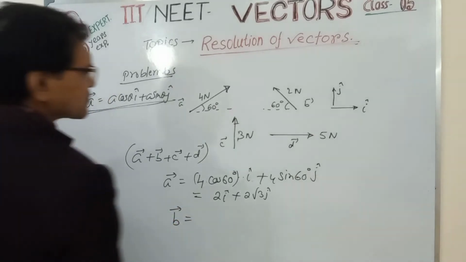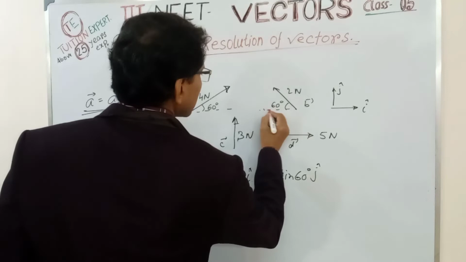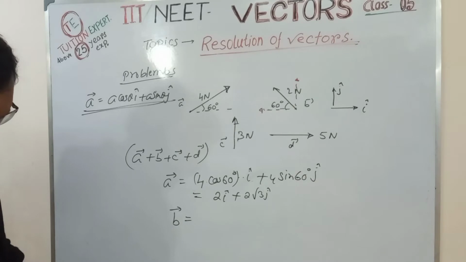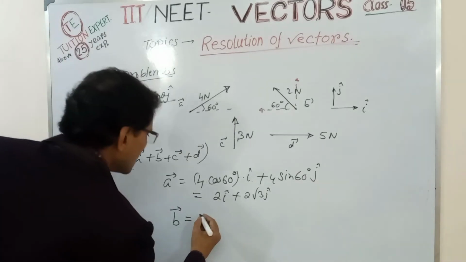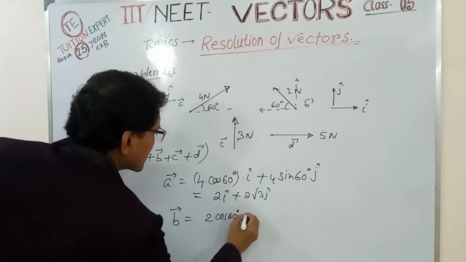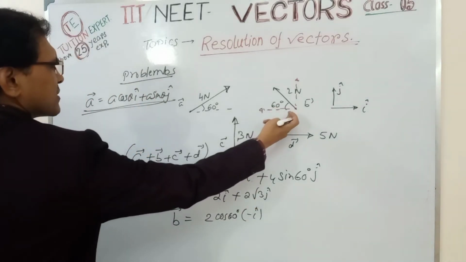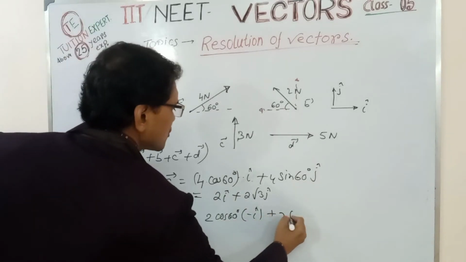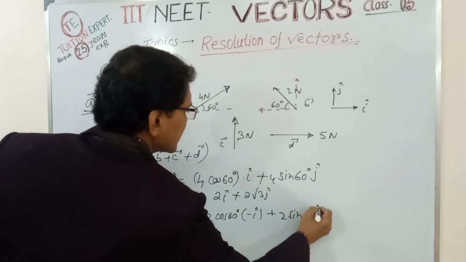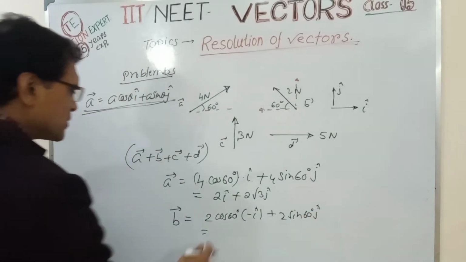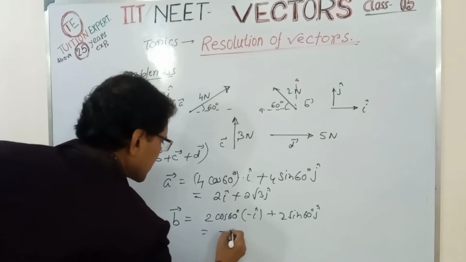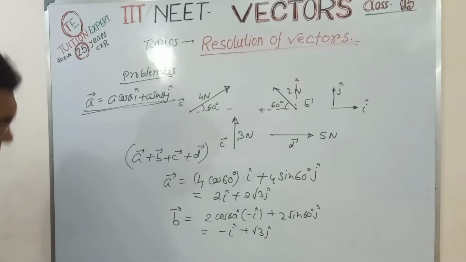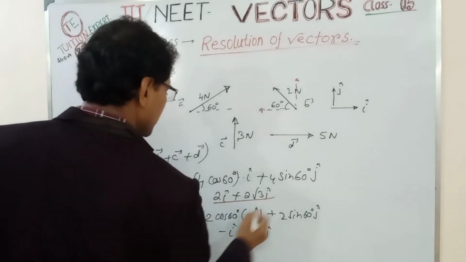Here the component is along this and this. So the B vector can be written as 2 cos 60 degree into minus i, because the component is along the negative x-axis, so minus i, plus 2 sin 60 degree j. So this is the A vector, and this is the B vector.